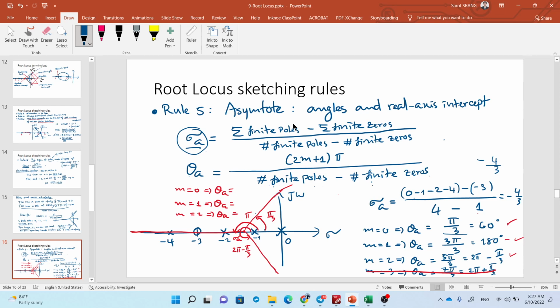Sometimes we don't need to use software because some systems are simple. Actually, when you try to design a controller, sometimes you need to place zeros and poles by yourself on a controller.